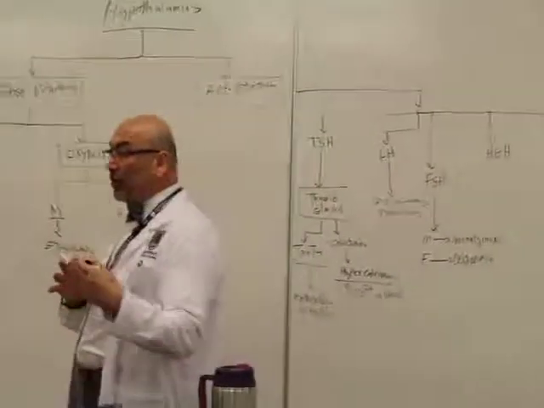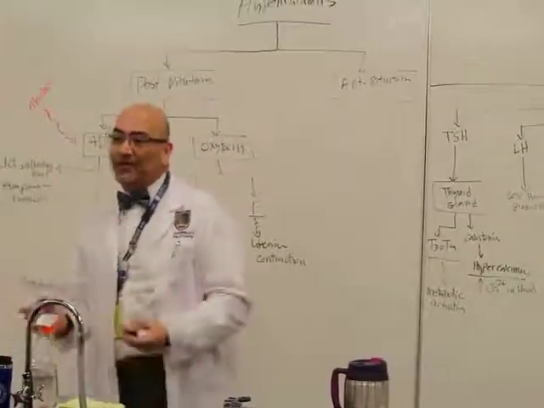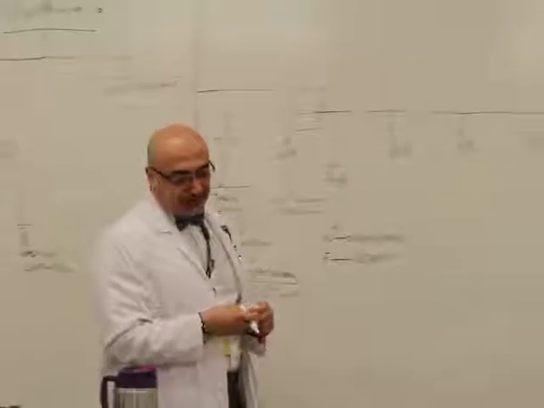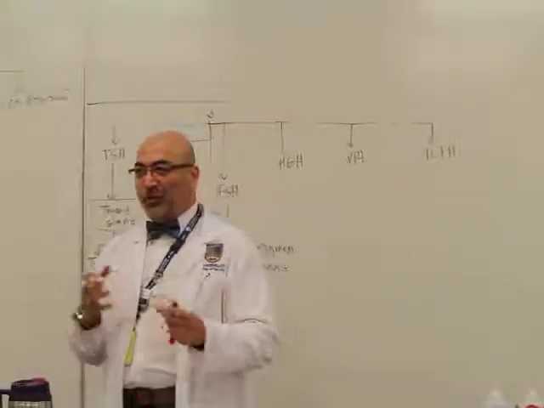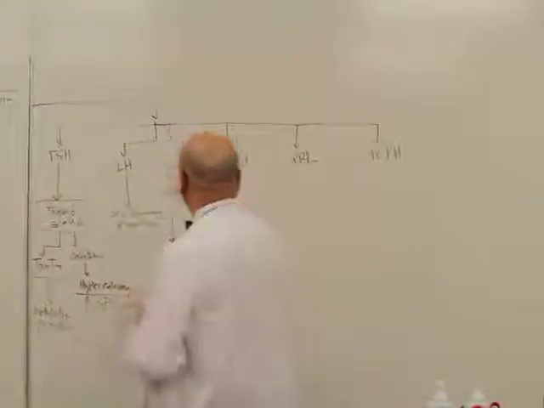So human growth hormone, from the name you can tell it's involving growth. But how? Because human growth hormone has got two kind of opposite functions depending on what body needs. Okay?